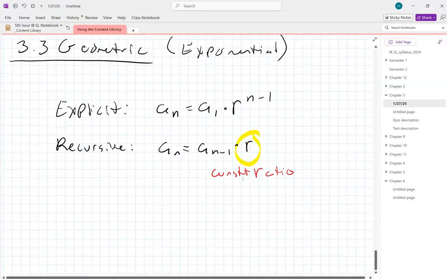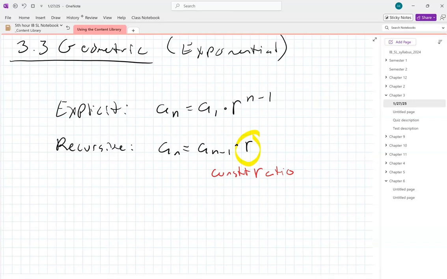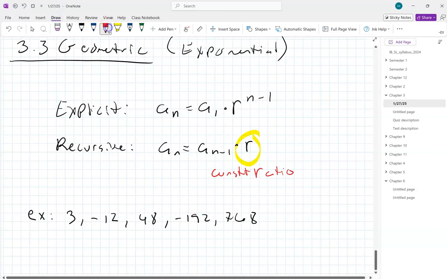So let's again look at, given some information, can we come up with the values and the constant ratios and everything else like that. All right. So let's say I have this sequence here.